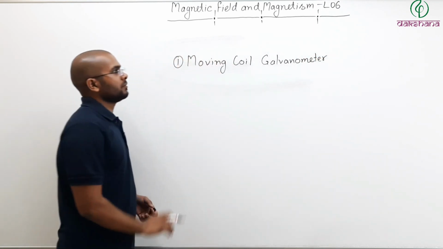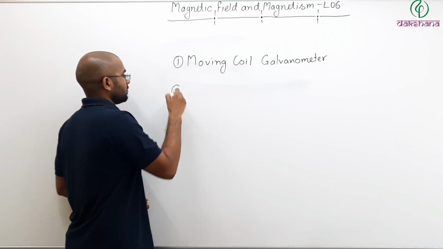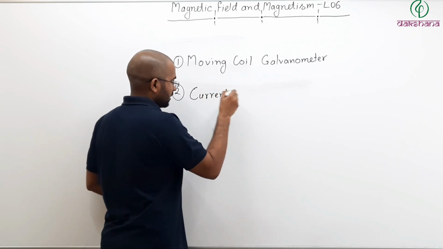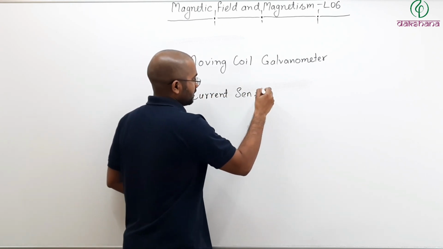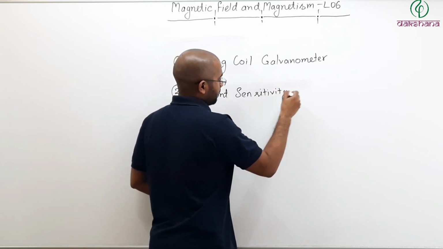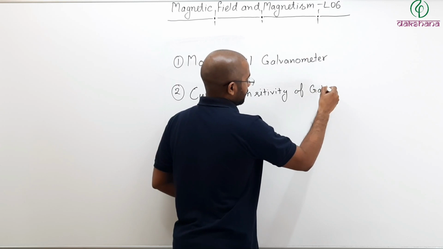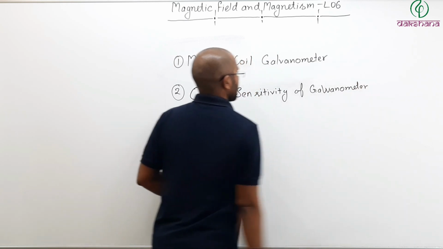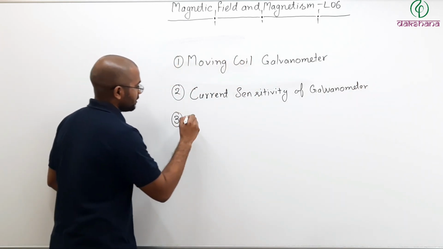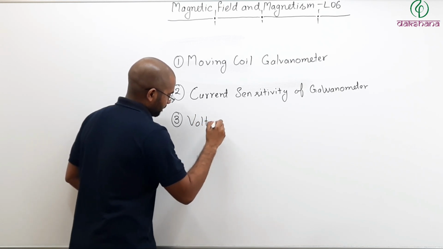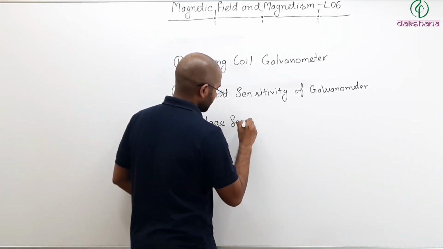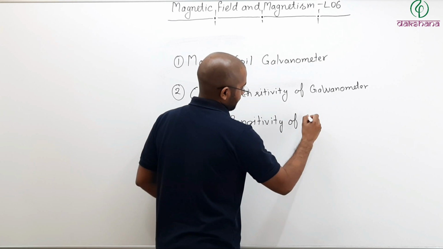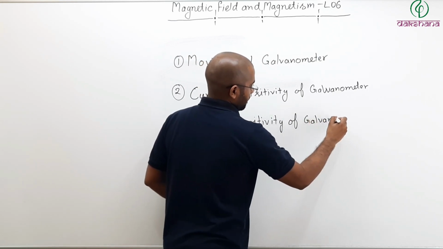The second topic is the current sensitivity of a galvanometer. And the third topic which we will discuss is the voltage sensitivity of a galvanometer.